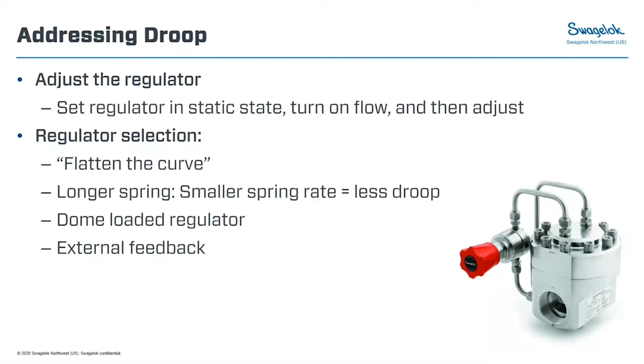We can also add in external feedback, which will tap into the downstream pressure and apply that to the dome of the regulator and act as a control loop mechanically to maintain a stable outlet pressure. We can handle a pretty wide range of flow rates while keeping that outlet pressure very consistent.